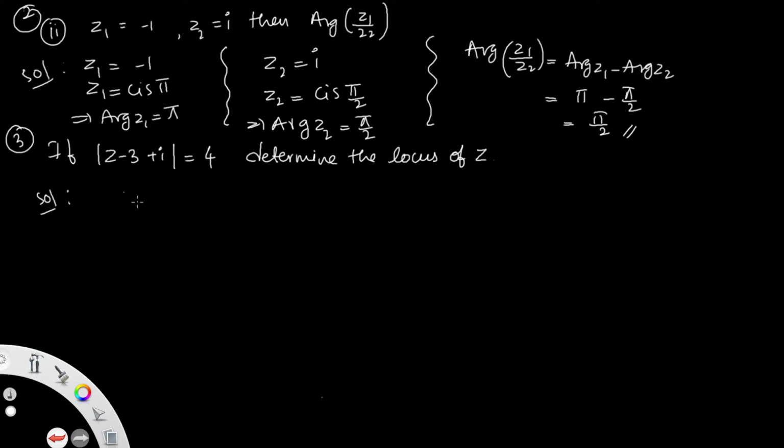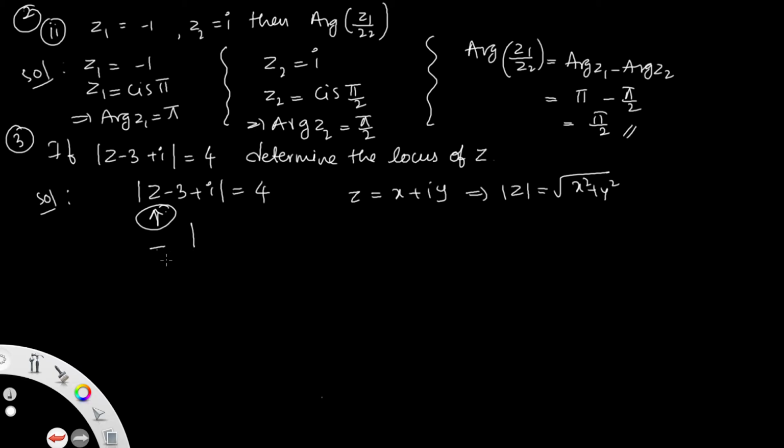Find the locus. The modulus of z minus 3 plus i equals 4. So let z equal x plus iy. The general formula implies mod z equals root over x square plus y square. All those formulas we have to write on the side. So here, where z is there, we have to substitute. That is the modulus of x plus iy minus 3 plus i equals 4.